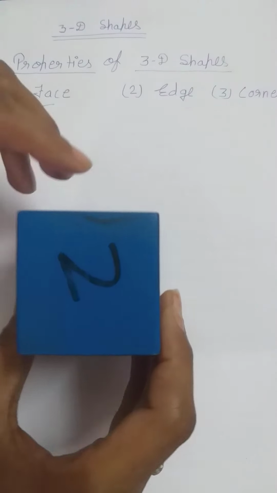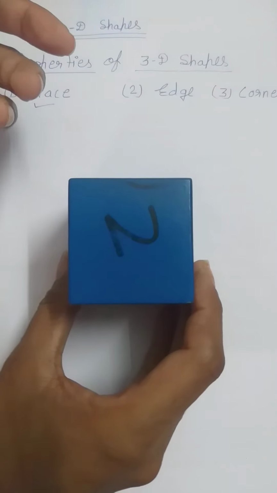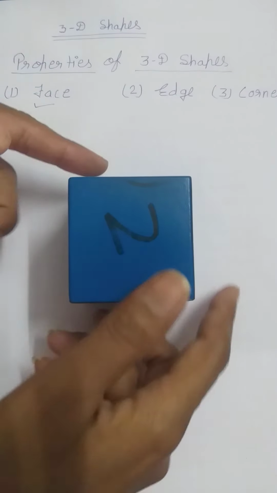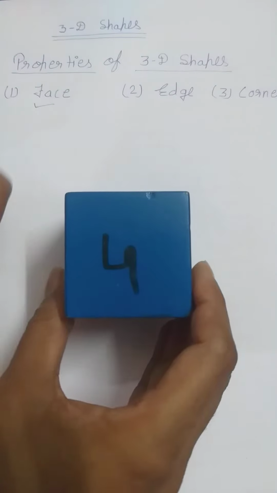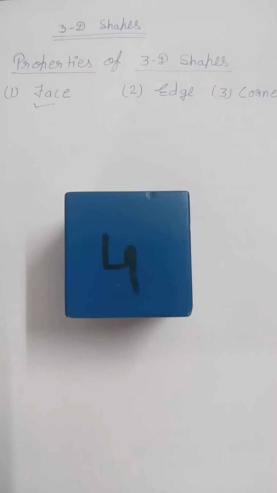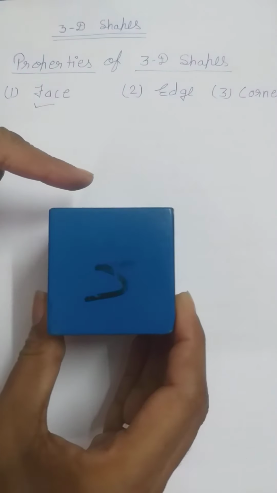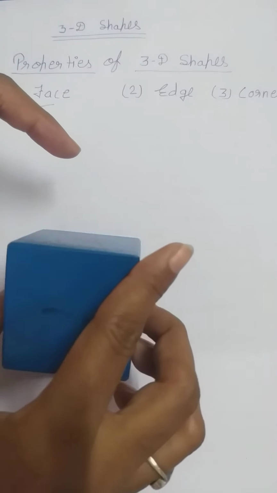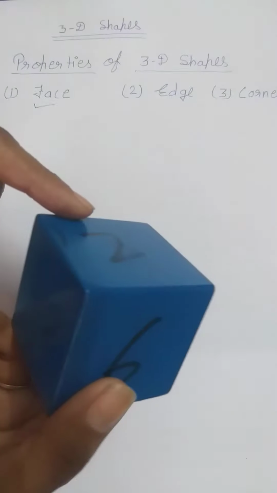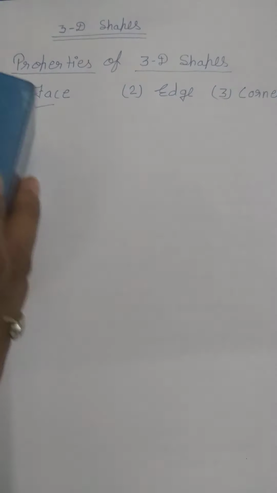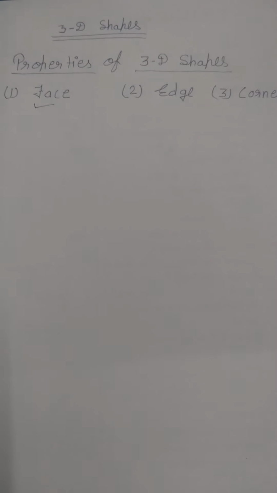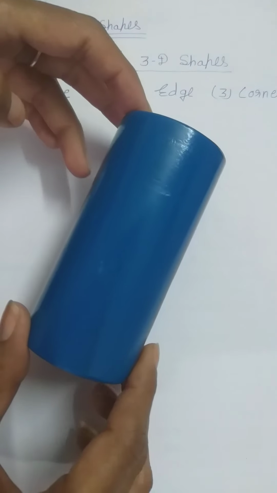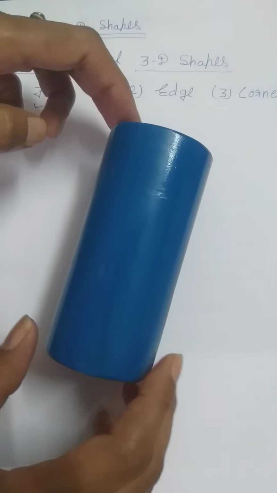We can put the cube like this, so one face we have. We can put it also like this. So this one is 2, 3, 4, 5 and 6. How many ways can we put this one? 6 ways.